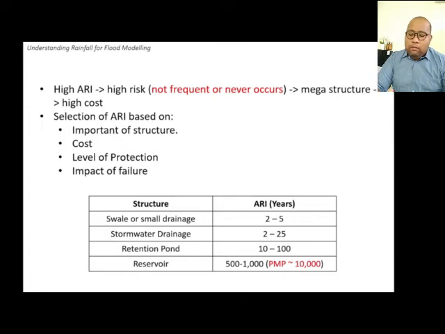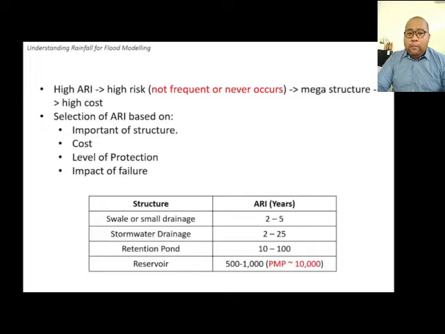So high ARI, we can relate with high risk. So for mega structures, for example a reservoir, okay, you need to design for a very high ARI. For example, 100 years ARI, 500 years ARI. This one is for the mega structures. But for small structures, for example the perimeter drain, okay, longkang-longkang tepi rumah, normally we design for a low ARI.